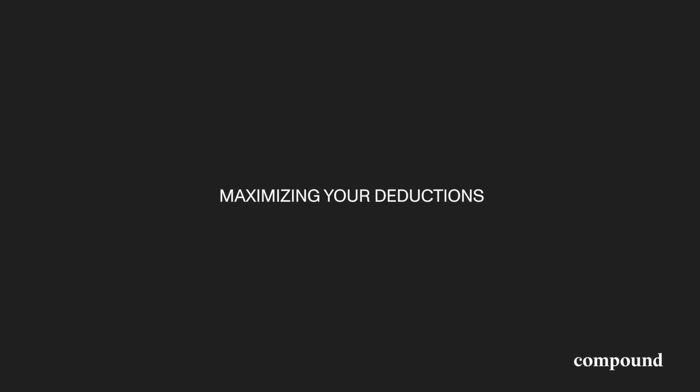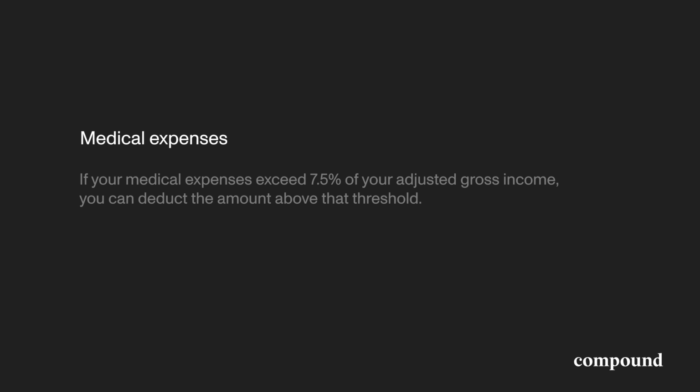Maximizing your deductions. In recent years, the standard deduction has increased significantly, leading fewer retirees to itemize their deductions. However, if you have significant deductions, itemizing can still be beneficial. Some common deductions for retirees include medical expenses. If your medical expenses exceed 7.5% of your adjusted gross income, you can deduct the amount above that threshold. Mortgage interest.